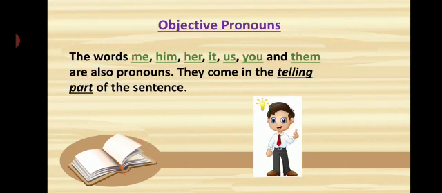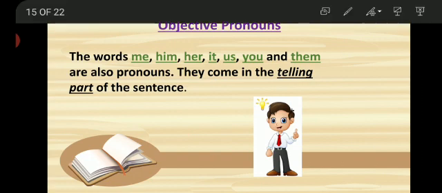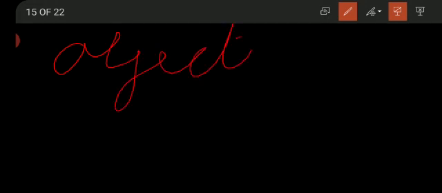Okay? Now the next type of pronouns, objective pronouns. Yes, students. I told you earlier that a verb is an action, and the person who performs the action is called the subject, and the person who receives the action is called the object.